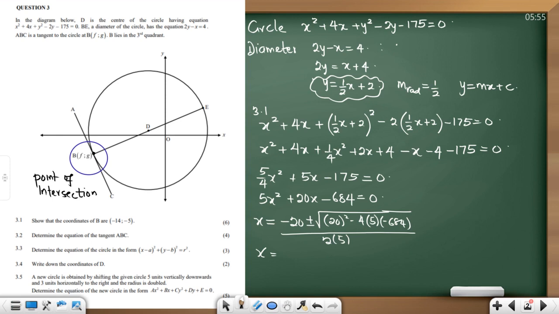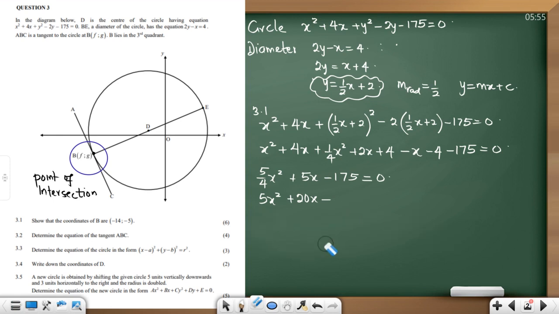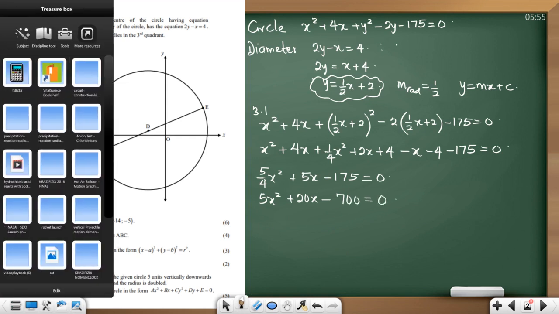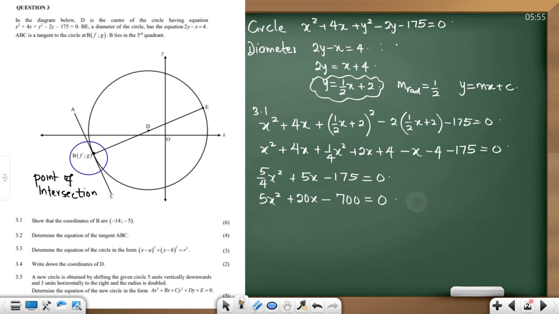What is 175 times 4? That would actually give us 700. Multiplied by 4, that is 700 equals 0. Okay, and then we said x equals minus b plus or minus the square root of.